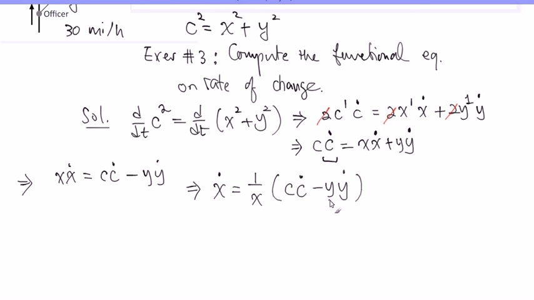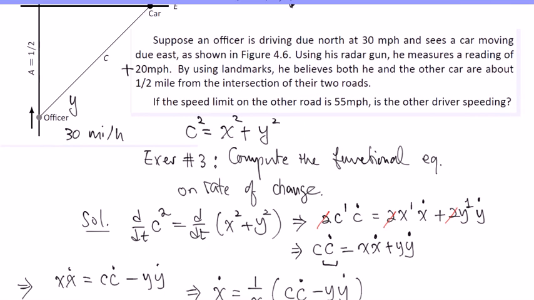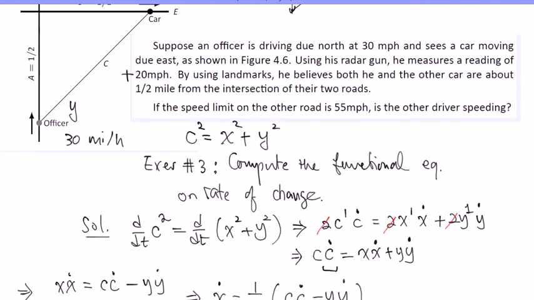That's reading from the radar gun. And y is the location of the police officer from the 0, 0, and y dot is the police officer's speed in there. All right, let me copy the problem there again. I'm showing it here.